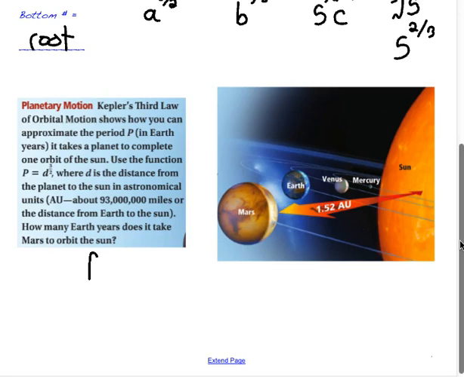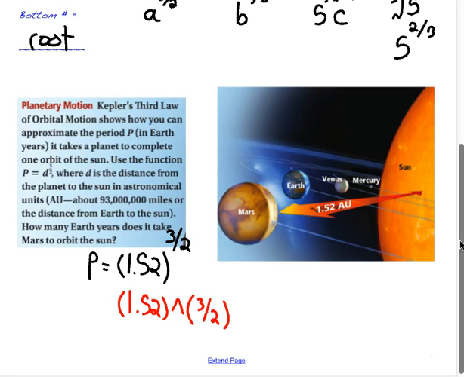So its period is that distance in astronomical units. It's 1.52 to the 3 halves power. Now, remember on the calculator, that's going to take the caret button. So we are going to type in the calculator to evaluate this 1.52 to the 3 halves power.